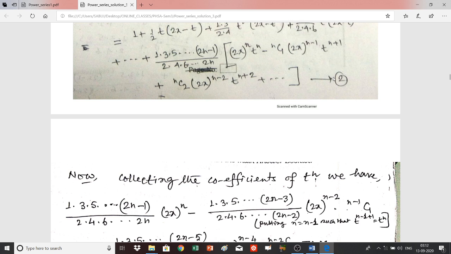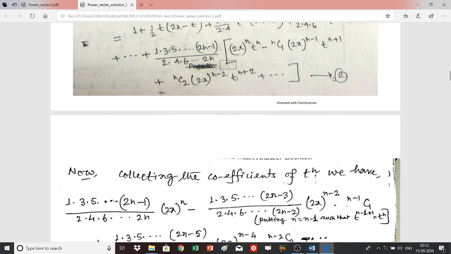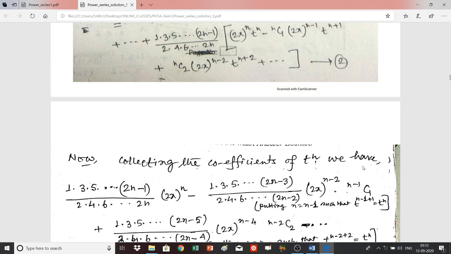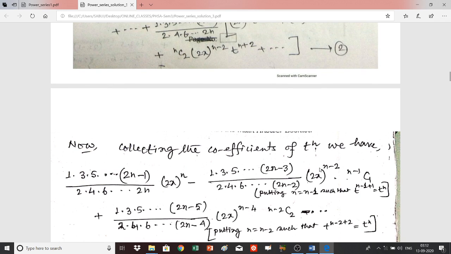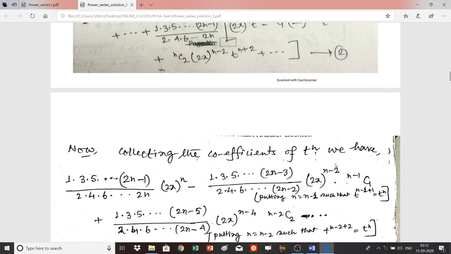So the next term will be 2x to the power n minus 2, here you write 2x to the power n, and n is replaced by n minus 1. The second term was 2x to the power n minus 2, so no problem.